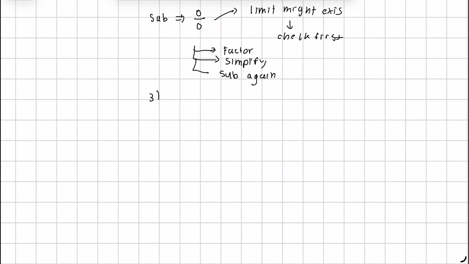Now, your third step is factoring. When you factor, you can try different methods like greatest common factor, difference of squares, trinomial factoring, and also sum and difference of cubes.